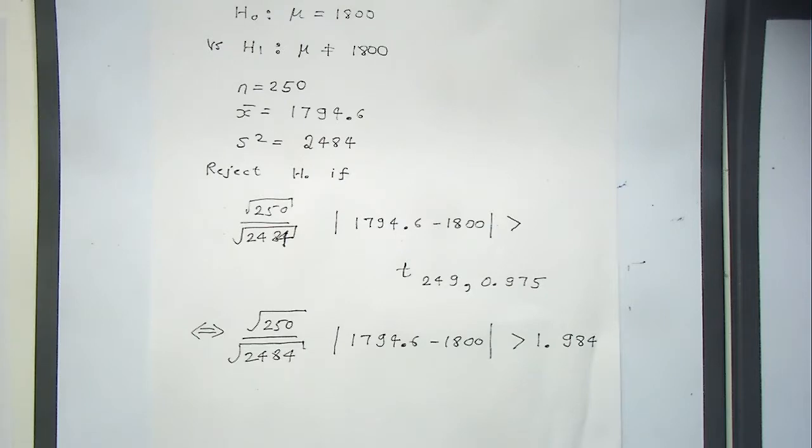In this question, madam, it says we have a sample of 250 and this is the mean and this is the sample variance. So that means you don't know what the population variance is. But in this case, we know what the population variance is. Population standard deviation is there.